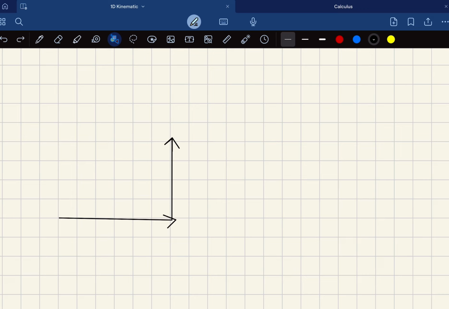What the heck is going on with my vectors? 3 meters east. Imagine it's a straight line.